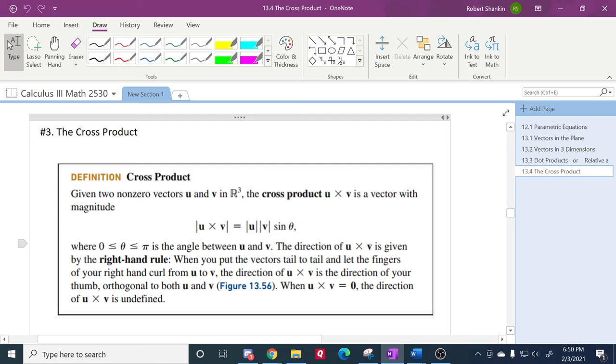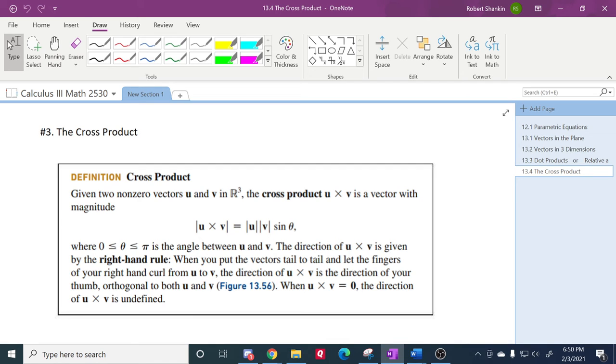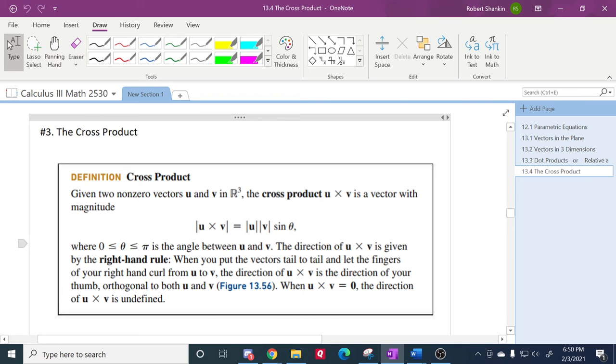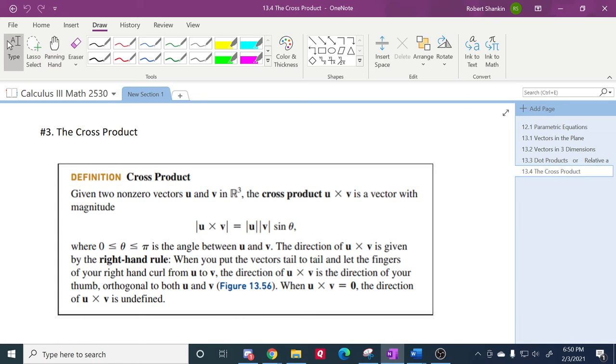The direction of u cross v is given by the right-hand rule. When you put the vectors tail to tail and let your fingers curl from u to v, so the one you start with, u, you put the bottom of your pinky finger along u.